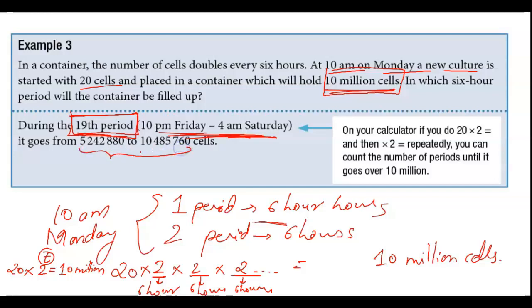See, it crosses 10 million, right? So between this period, it will cross 10 million. That is on Friday 10 p.m. to 4 a.m. Saturday morning, the cell culture will cross 10 million. I hope this is clear, children.